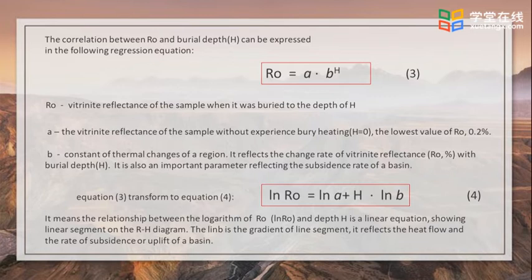So equation 3 can be transformed to equation 4, and it means that the relation between the logarithm of RO, which is ln RO, and the depth H is a linear equation, and that could be shown in the linear segment of the RH diagram. So the slope P is the gradient of the line segment, and it reflects the heat flow and the rate of subsidence or the uplift of the basin.